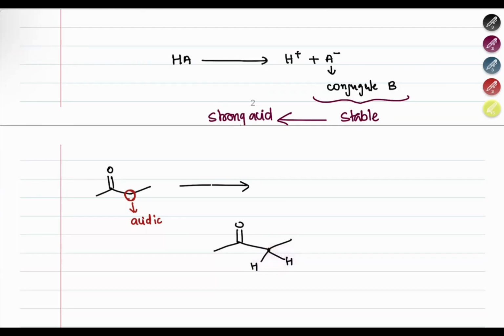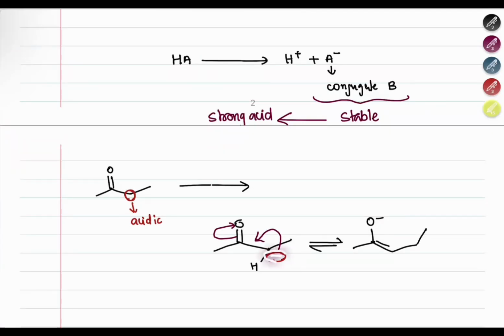If you lose an H plus, the remaining carbon will have a negative charge. If we get a negative charge here, there is a chance of delocalization. This negative charge can move here, and this electron can move to oxygen, and at the end you'll get a structure like this.